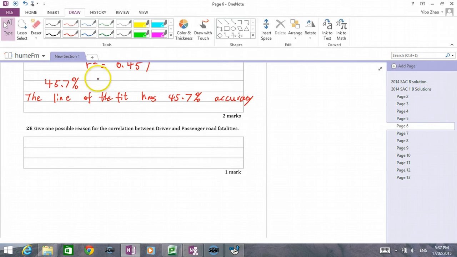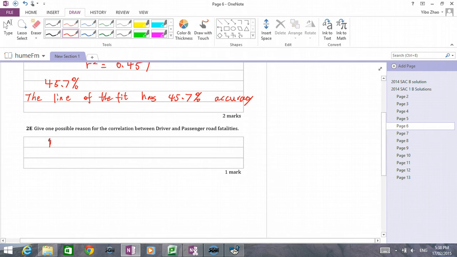The answer is obvious, but we need to write it down. A good answer would be: both drivers and passengers are likely to be involved in the same fatal accident.